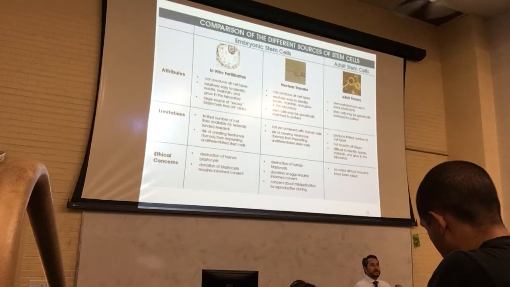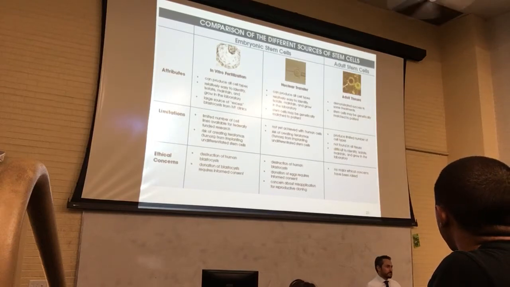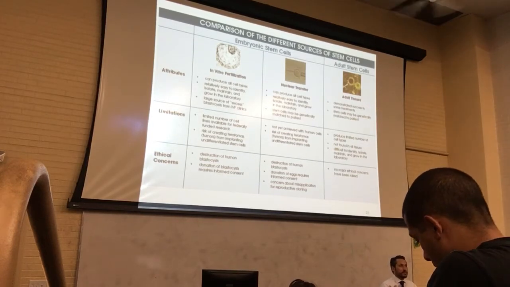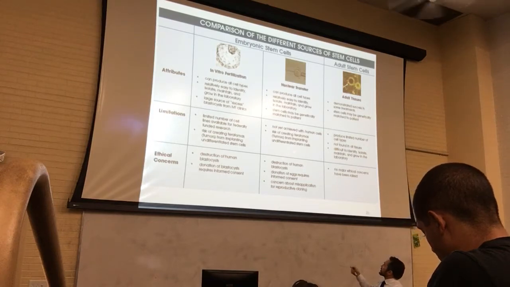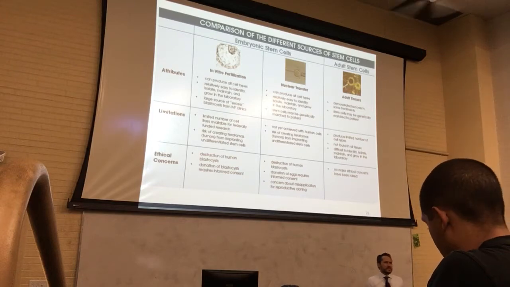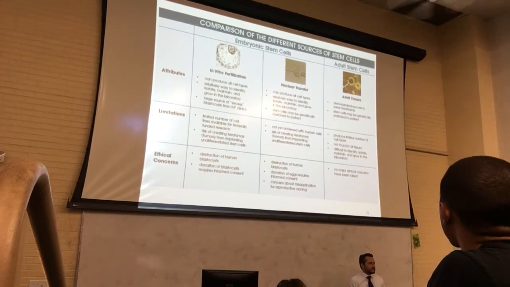It's got teeth and nails and hair, and I don't see anything that looks like an organ, right? It looks like a messed up new human. So there's a lot of scientific reasons that the field has moved away because we don't really have enough tools yet to control the power within embryonic stem cells.